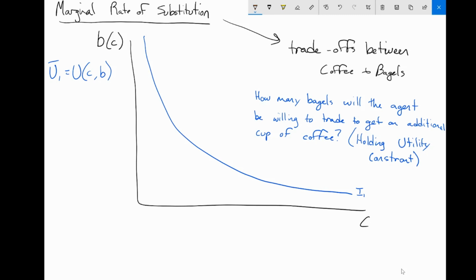So let's put that into the form of a derivative. This would be the derivative of bagels as a function of coffee with respect to coffee. We can put this in different ways. This would be how many bagels I would give for 1 more coffee.